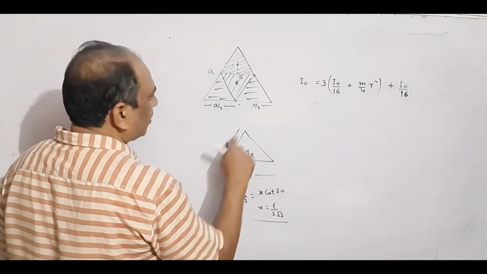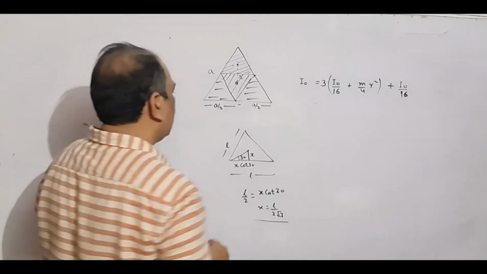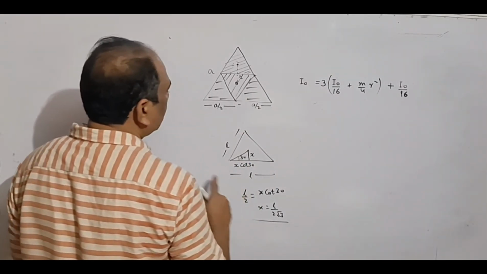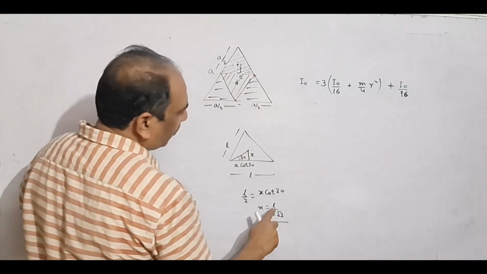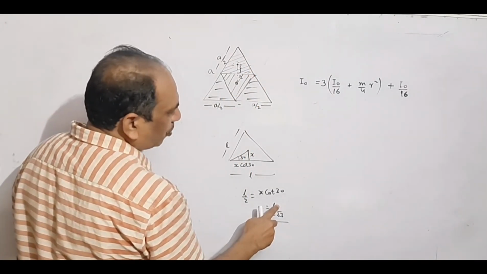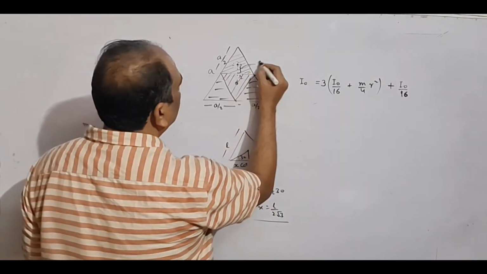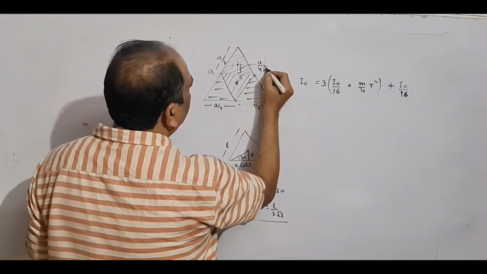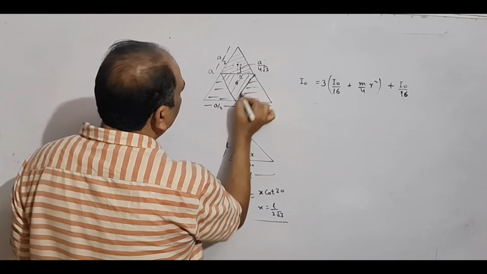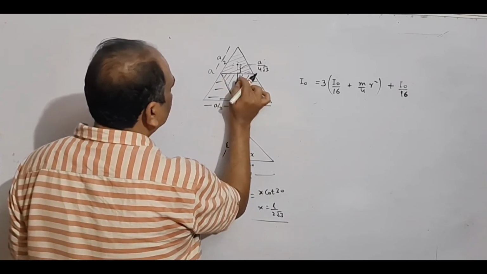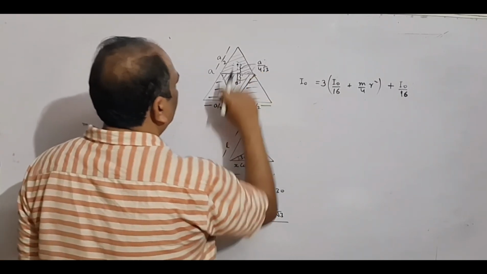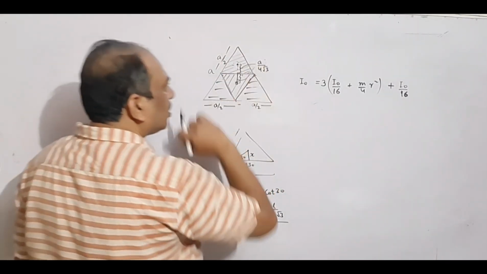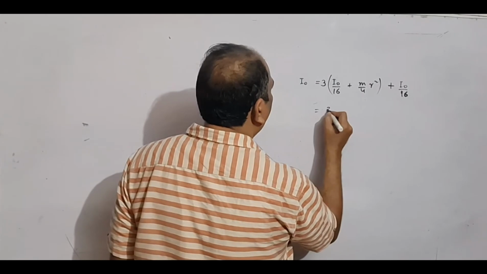So this is x in this triangle. Here we have a by 2. So therefore this much distance will be, in place of L we have a by 2, so a by 4 root 3. And similarly for this triangle we'll have the same distance. This distance will also be equal to the same value. So the total r is twice of this, which we have to put here.